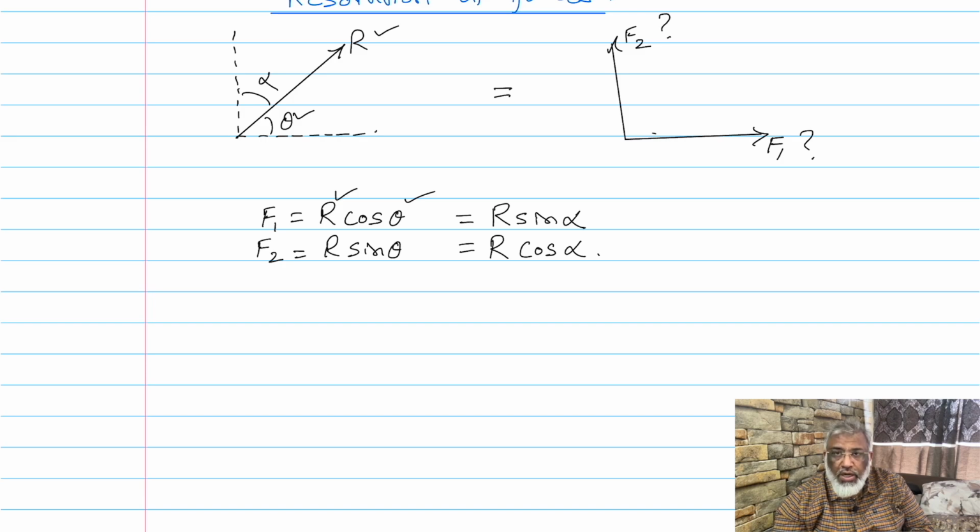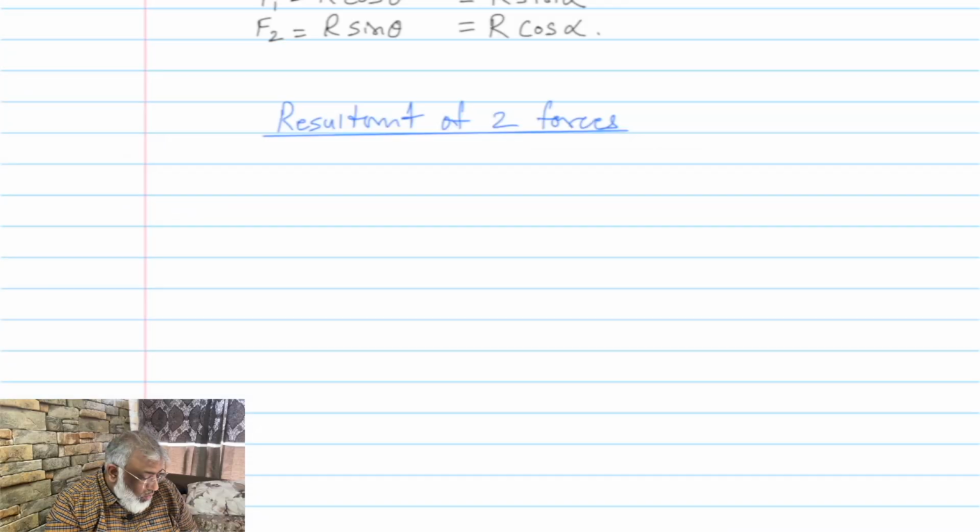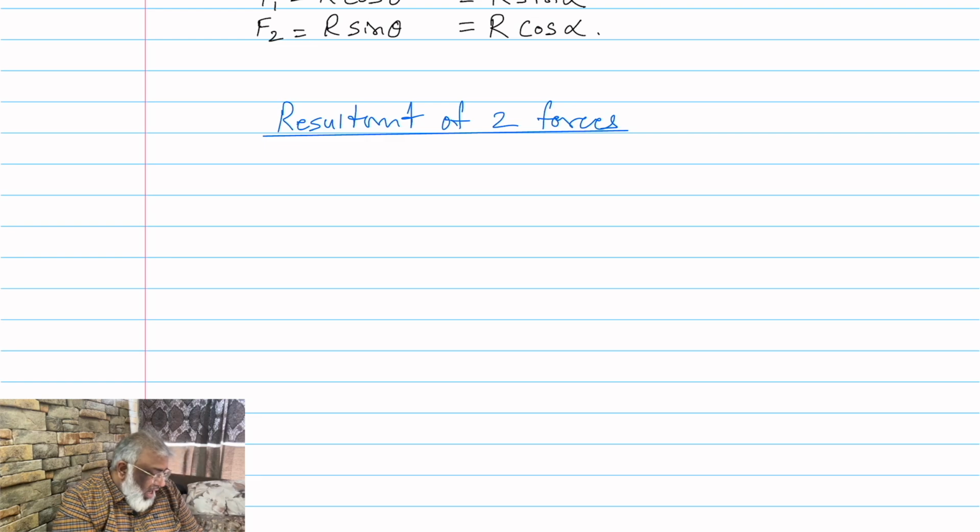Now let us learn how to combine two perpendicular forces into one single force. Okay, that is called combination of forces or finding the resultant of two perpendicular forces. So say we have two forces available to us. One is a horizontal force F1 and one is a vertical force F2.